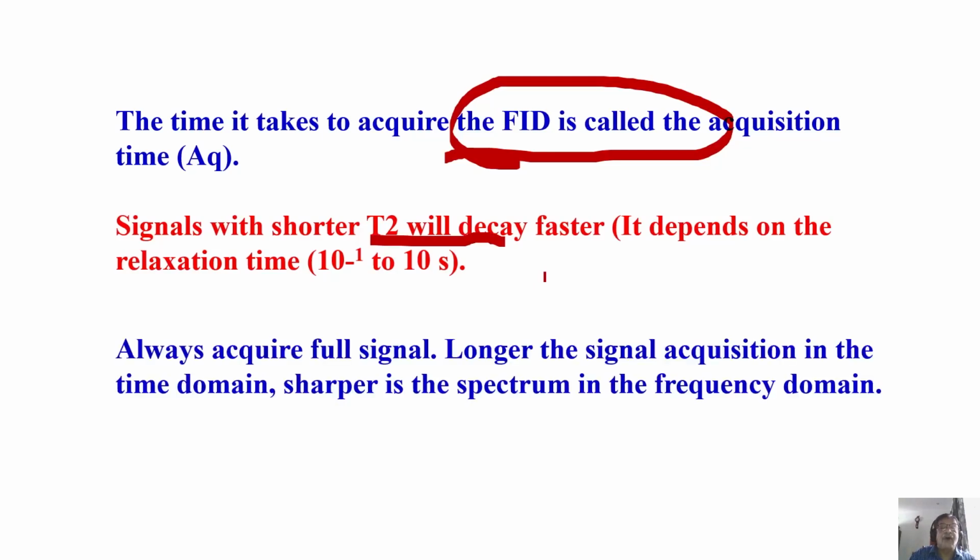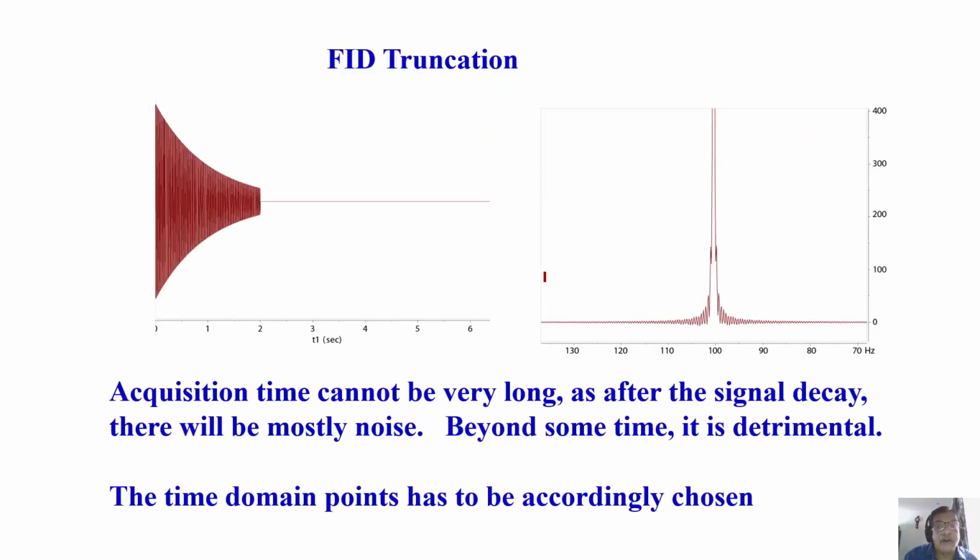So you have to acquire the FID before the signal dies down. Of course, you can keep on acquiring even after the signal dies down, but then you will have only noise afterwards. So the optimum choice of the period for which you acquire the signal, the acquisition time, is also something you have to optimize. You have to properly choose.